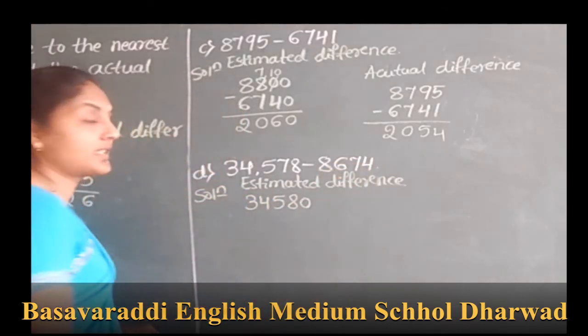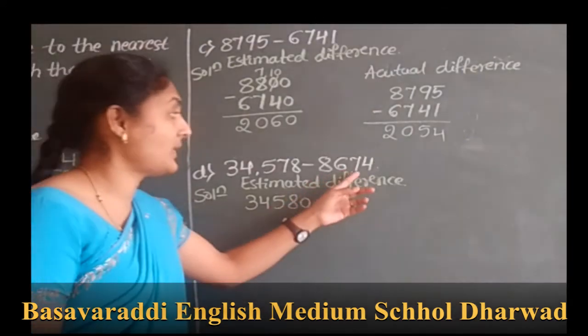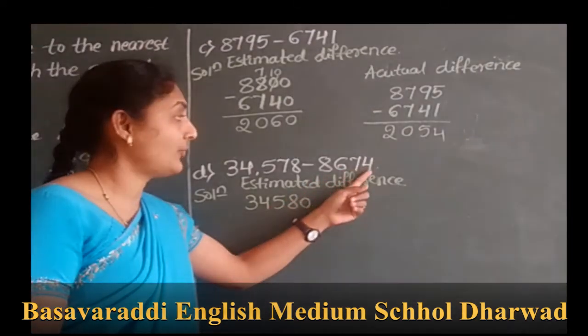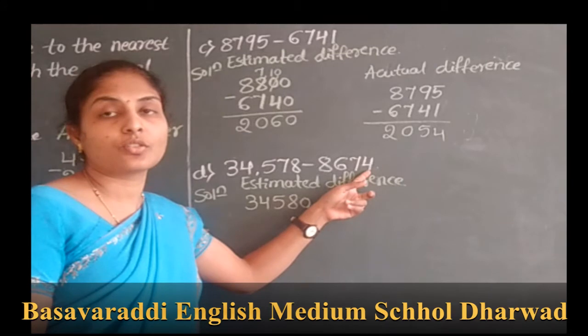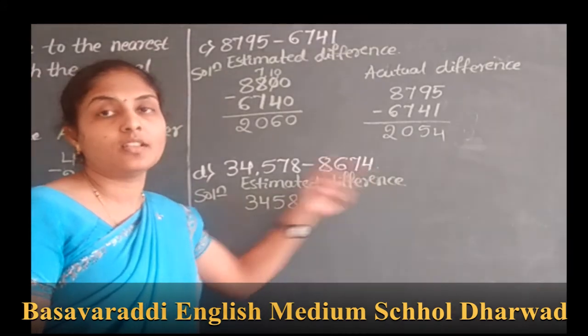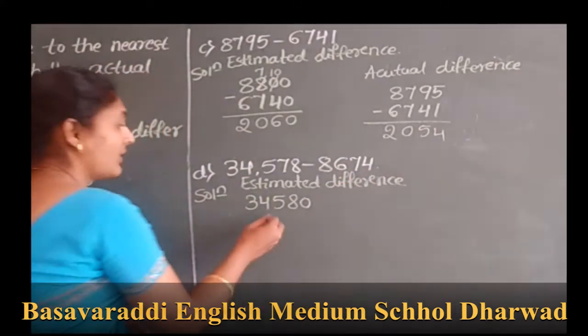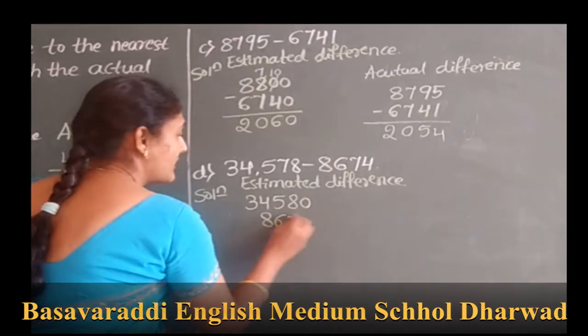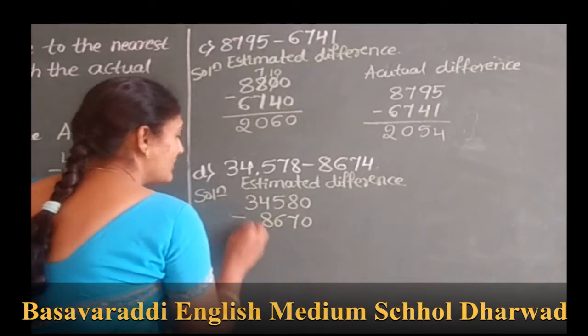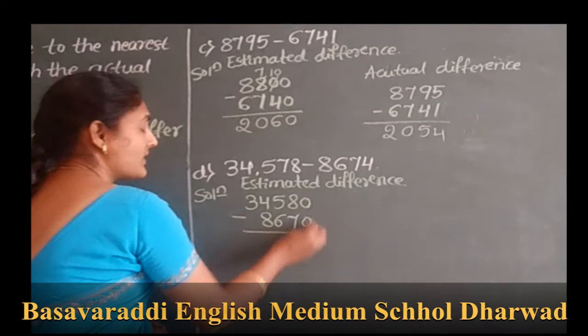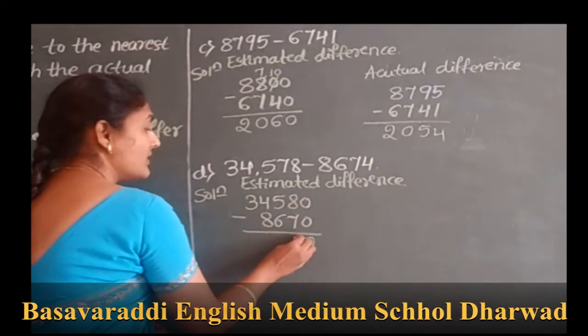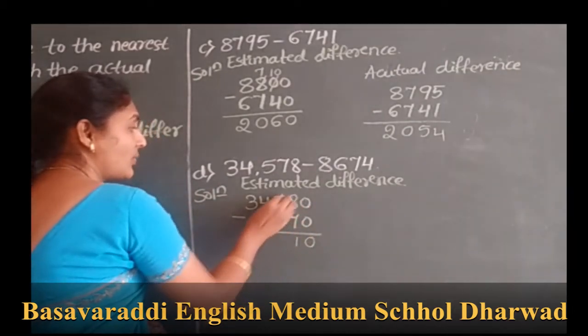Next, 8,674. The tens place number is 7 and the 4 is less than 5, so it is rounded down. It becomes 8,670. Let's do the subtraction now. 0 minus 0 is 0. 8 minus 7 is 1. 5 minus 6 is not possible.